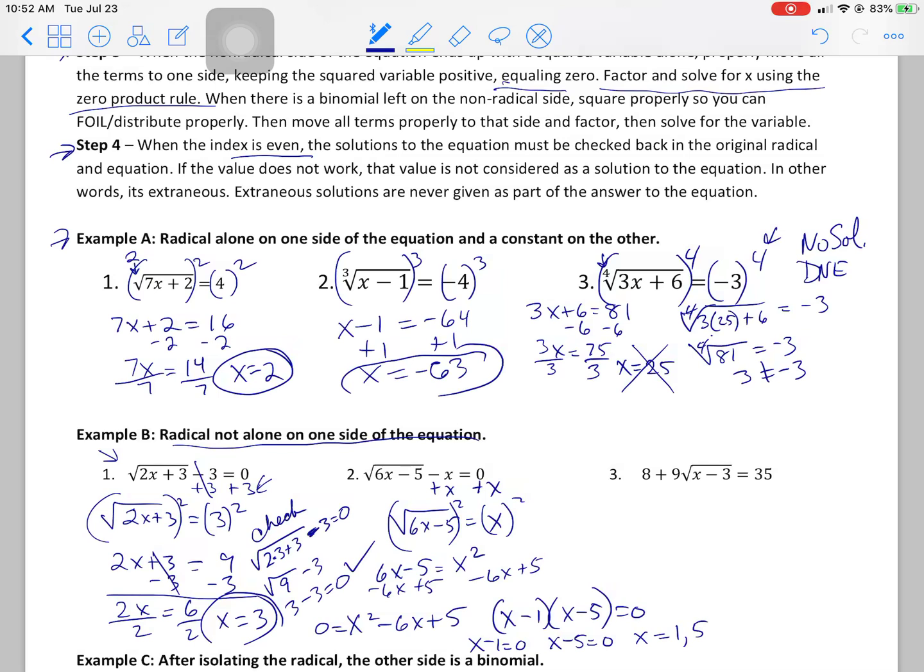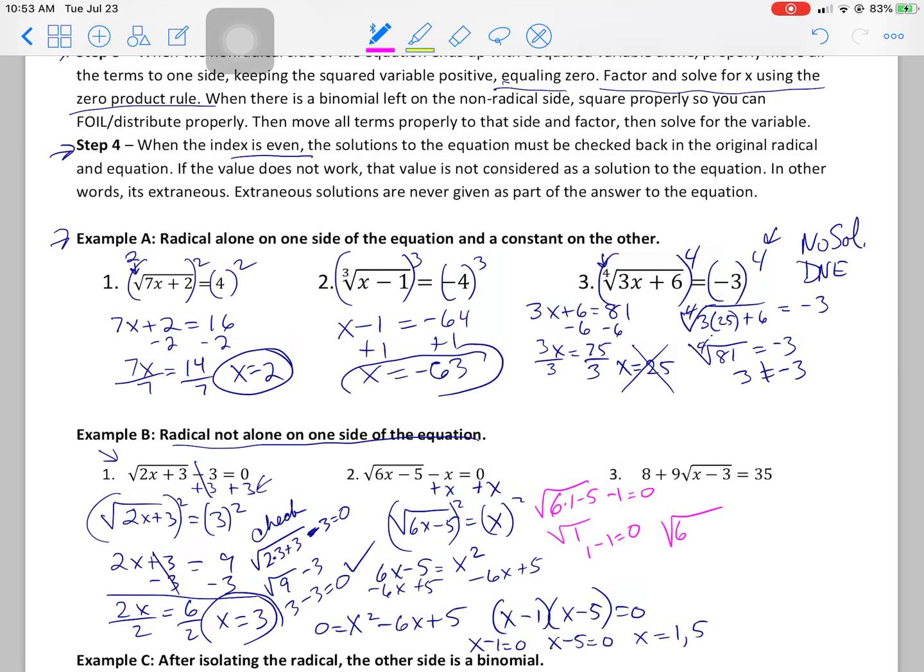And our index was even, so I have to check both of them. Sorry, this is getting a little messy here. Let's do it in another color. So let's try the 1. 6 times 1 minus 5 minus 1, right, got to put that in for the x, is going to be 6 times 1 is 6 minus 5 is 1, so 1 minus 1 equals 0, so the 1's okay.